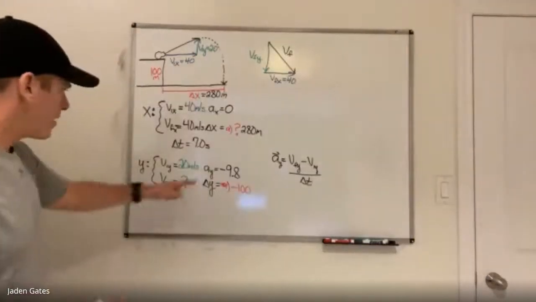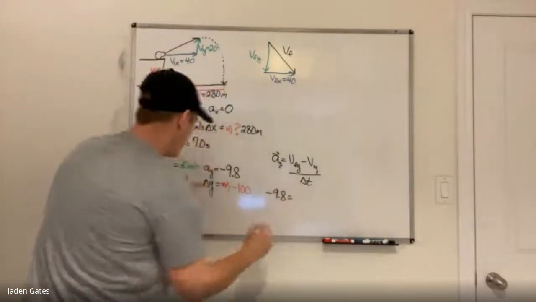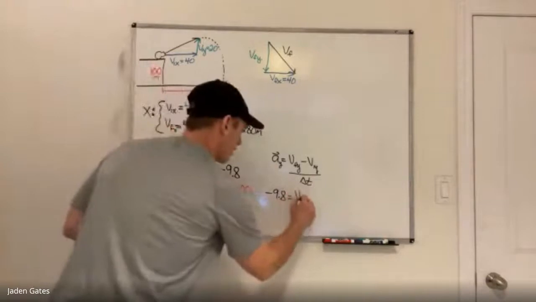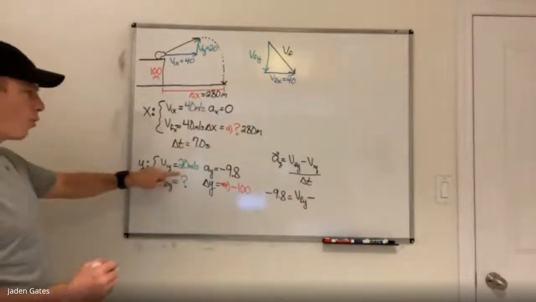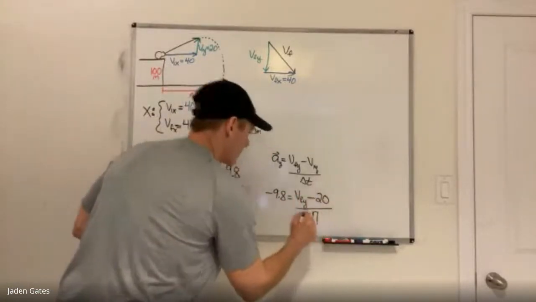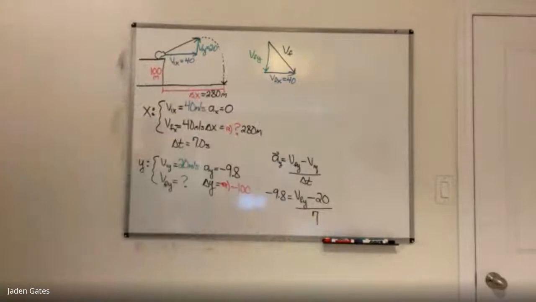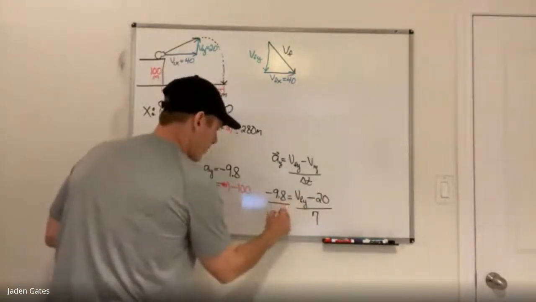So my AY is negative 9.8. VFY, that's what we're trying to find, minus V1Y, which is our 20, and it took 7 seconds. I got a number equaling a fraction, and I like to go fraction equaling a fraction.